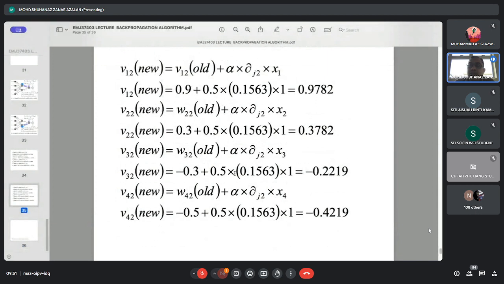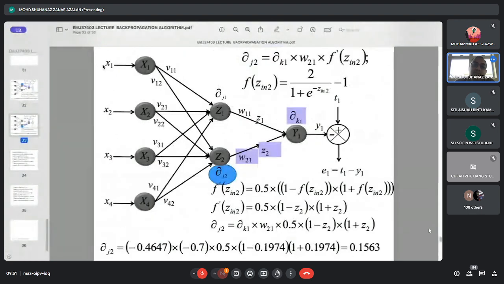Okay. So the question only asks us to calculate and get the new weightage value only after one approach. So that means first we put the input data, calculate the weightage, calculate the value until we get the value output and compare with the target, and then update the new weightage value with the back propagate, then finish one approach.